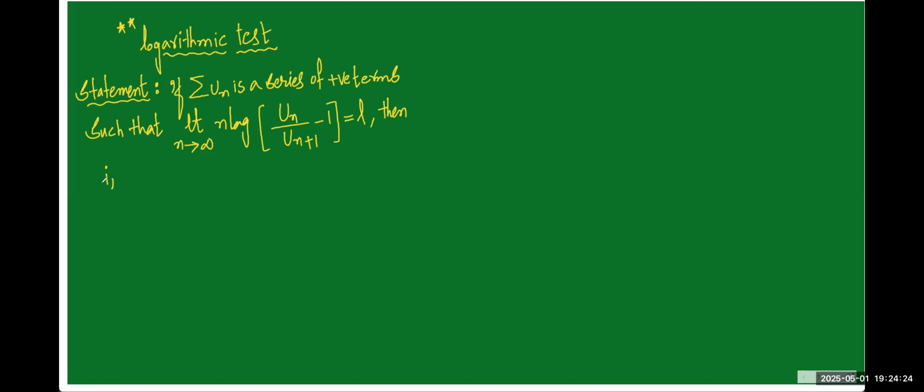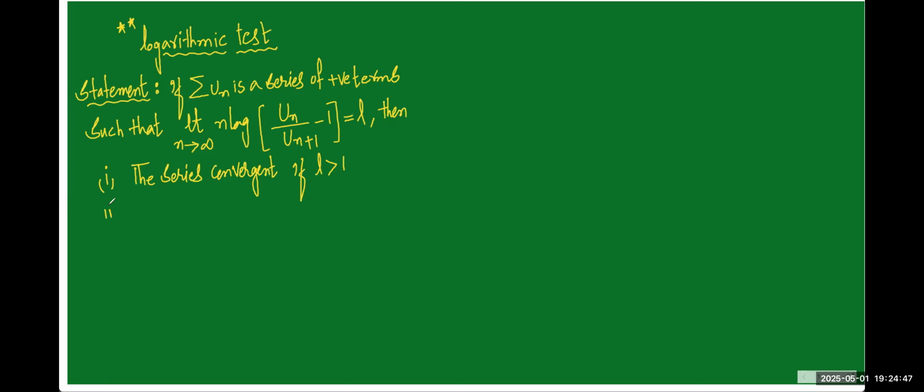Case number one, the series is said to be convergent if whatever the value of L, it should be greater than 1. The value of L must be greater than 1.